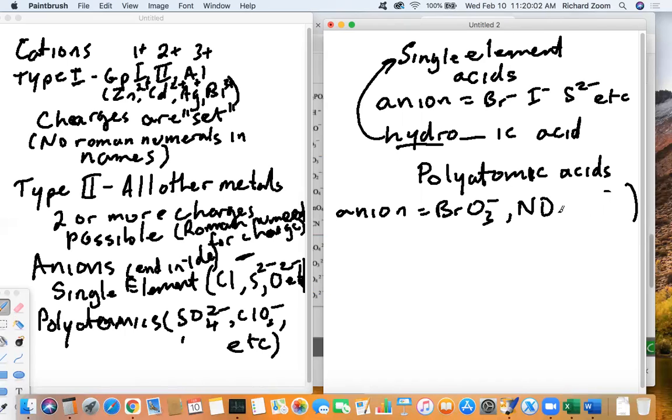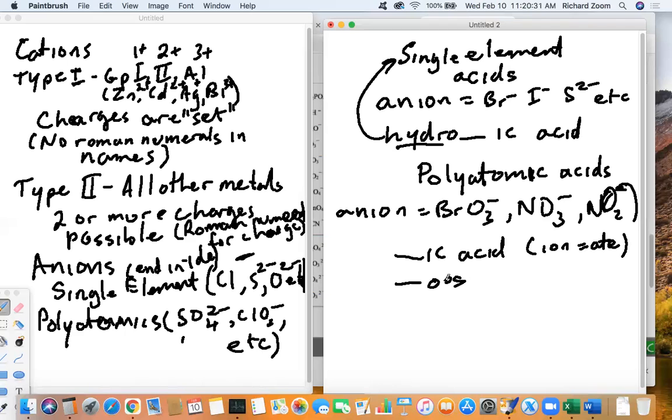We'll do NO3 minus and NO2 minus. And the names of these are going to be something ic acid if the ion ends in ate, or something us acid if the ion ends in ite.